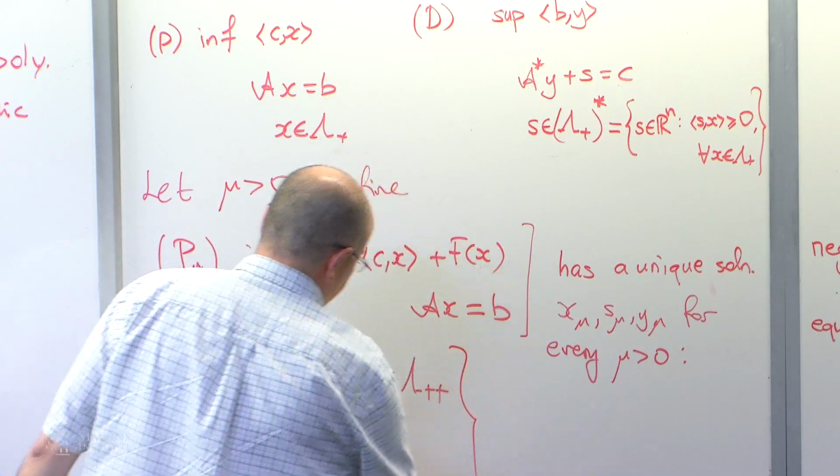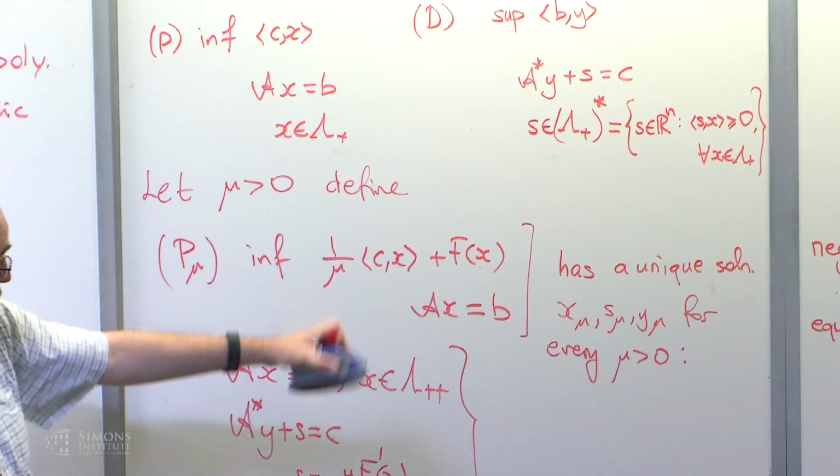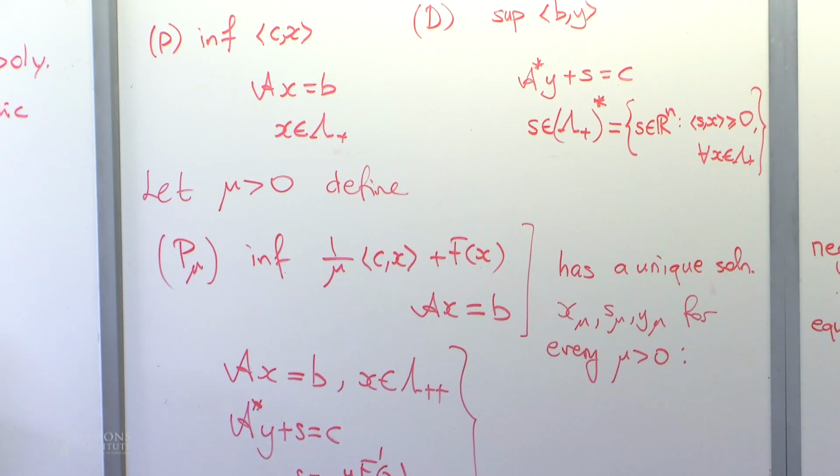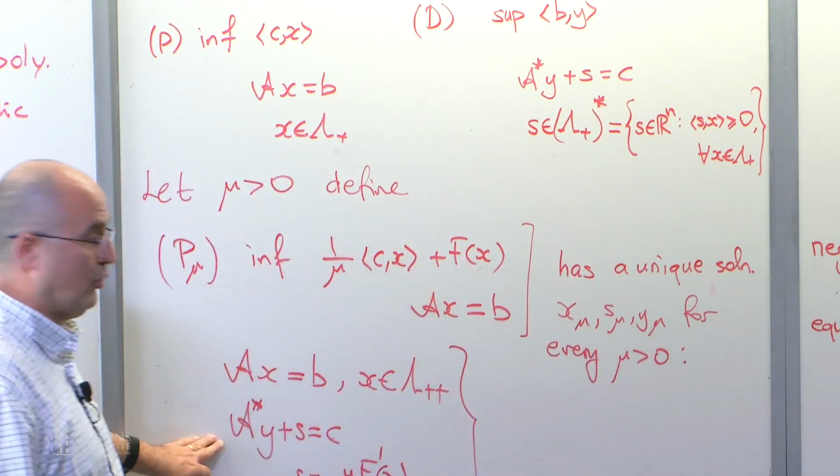So these conditions imply that the corresponding solution x mu is feasible in the primal, and the corresponding solution s mu is feasible in the dual.